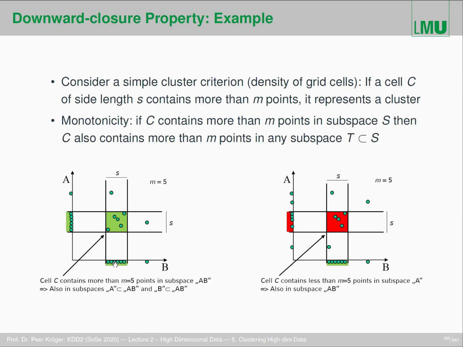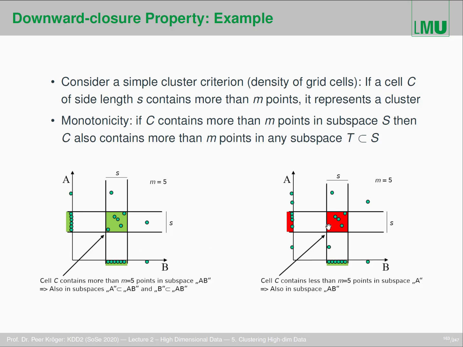So the one-dimensional projection of this two-dimensional cell is dense. The same holds true for this projection, because all those 5 points are in this one-dimensional range of this cell, and there may be some additional points along the B-axis. So this is the monotonicity, the downward closure property: if the higher-dimensional cell is dense, all lower-dimensional projections must be dense too.